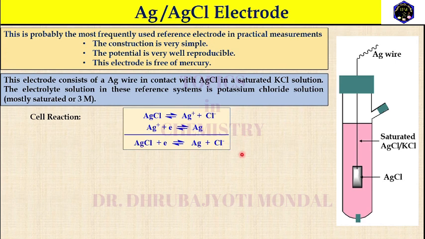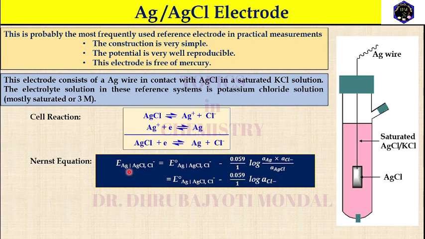Now you have to know the Nernst equation for that reaction. E_Ag/AgCl,Cl- is equal to E0_Ag/AgCl,Cl- minus 0.059 by 1, as the electron change is 1, log of the activity of the product, Ag times the activity of Cl-, divided by the activity of AgCl. AgCl and Ag are both solids, so their activity is equal to 1.